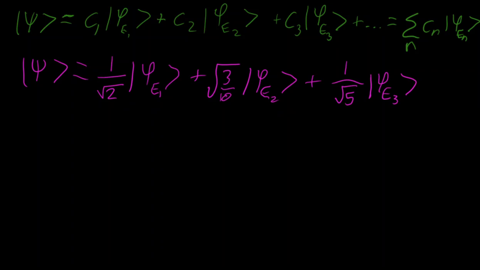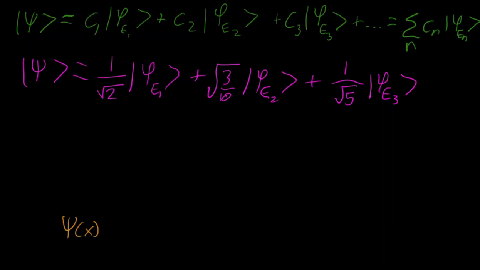Now, this doesn't tell you about where the particle is located, but it doesn't have to, because we're writing it in the energy basis. But what if we want to figure out where the particle is located? Well, just like how we did it before, we can take it from the energy basis to the position basis, right? Because in the position basis, how we know where the particle is, that's writing psi of x. We want to figure out what psi of x is.